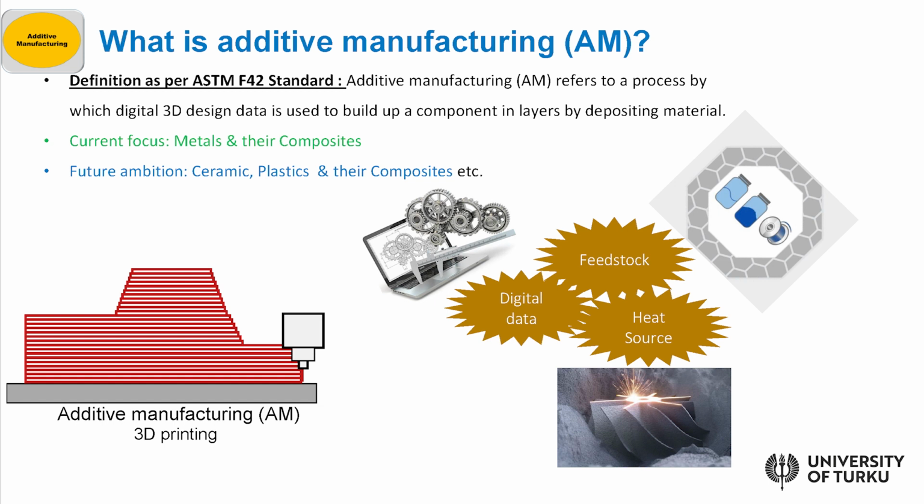When it comes to my focus, so far it has been on metals and their composites in AM, but I would like to take this beyond that and use it for ceramics, plastics, and their composites also.